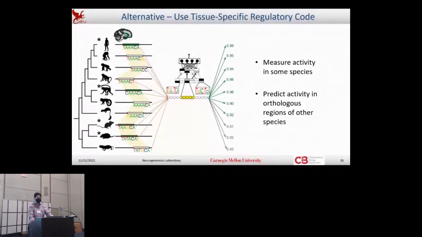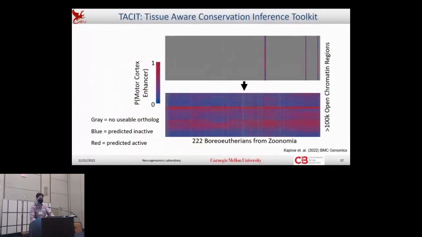So another way of visualizing that is we start off with this matrix here up top, where the columns are the different species and the rows are the different regions of open chromatin. And we take the information from a small number of species, but then infer across this entire matrix of species by orthologous open chromatin regions.